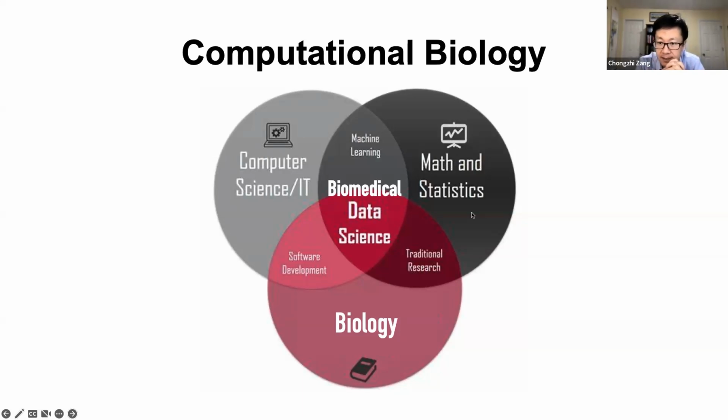But the math and statistics part is sometimes ignored or omitted in this process. But in computational biology research, statistics and math are super important.